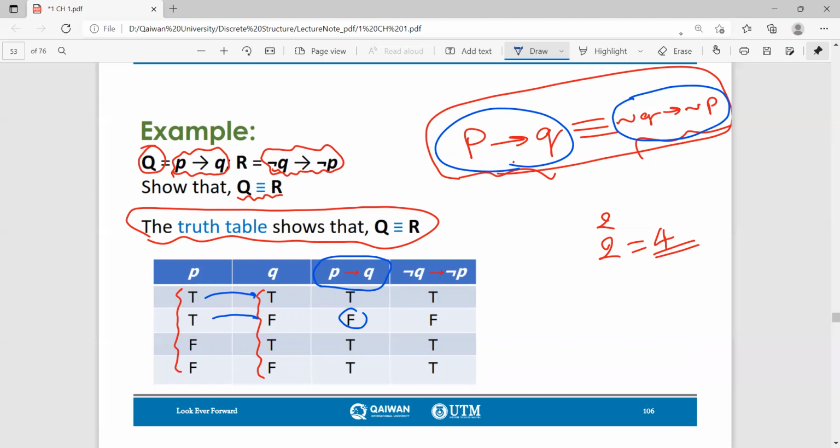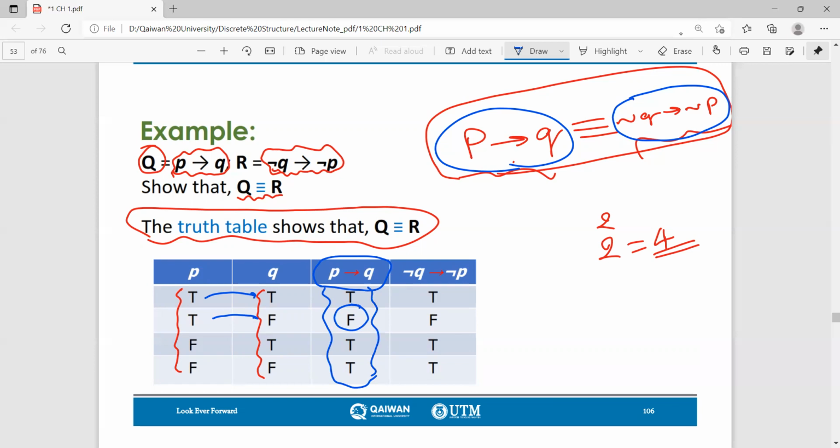So we have only one case which is false, when the first is true and the second is false. That means P then Q is true, false, true, true. And for negation Q then negation P, we must get the same order: true, false, true, true.